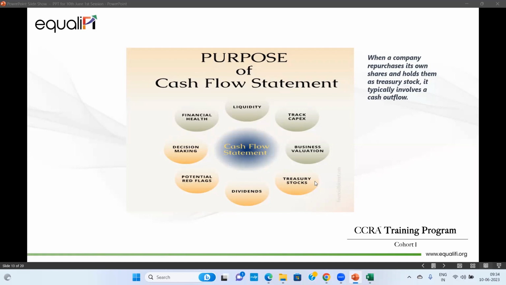So the total thing clubs up to a cash flow statement: investing, operations. So under which activity money is spent or received depends on the type of activity. I'll show you a cash flow statement in the next slide. Then you will understand.